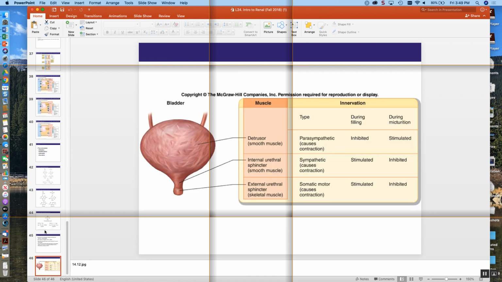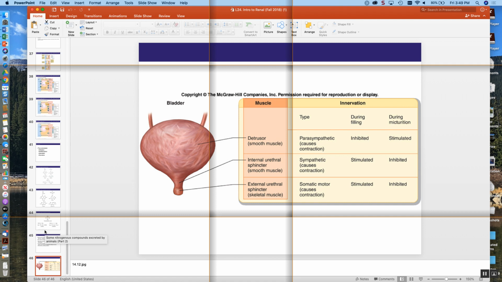Excretion, just really briefly. Excretion is basically a coordinated effort between the parasympathetic, the sympathetic, and the somatic nervous system, the motor neurons and skeletal muscles.